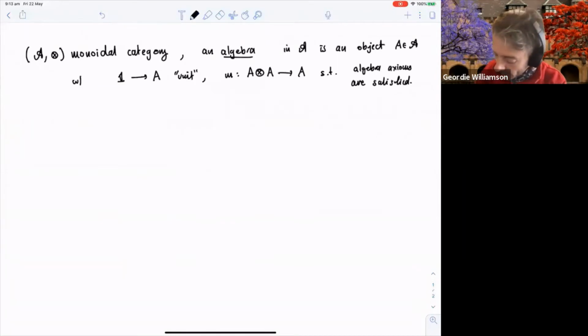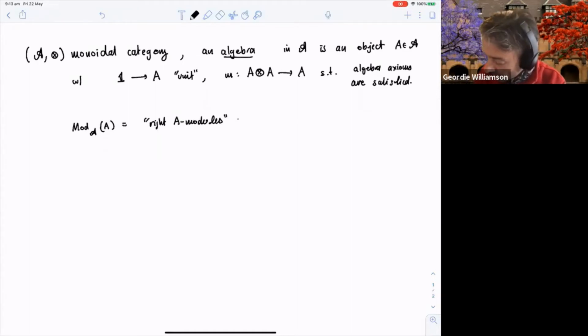And then inside this monoidal category, we can consider modules over this algebra. So we can consider mod A, which is right A modules.